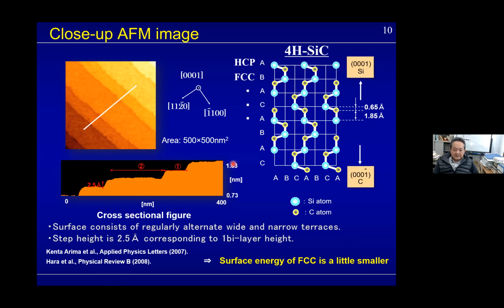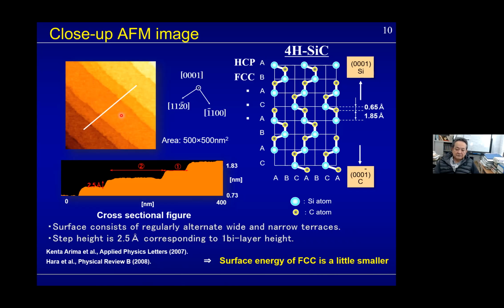And we checked the surface energy of the HCP layer and the FCC layer, and we found that the surface energy of FCC is a little smaller. This result was published in Physical Review B in 2008. But I don't know whether this surface is HCP or FCC. FCC has a lower surface energy, so this surface should be FCC, but we don't know whether it is FCC or HCP.